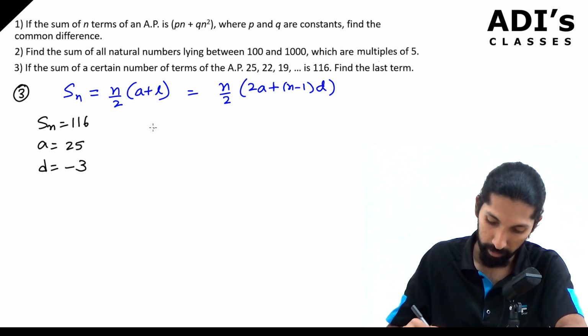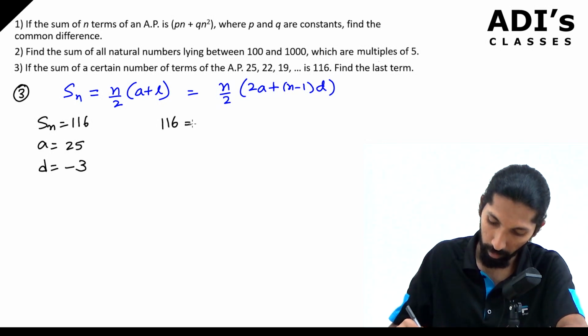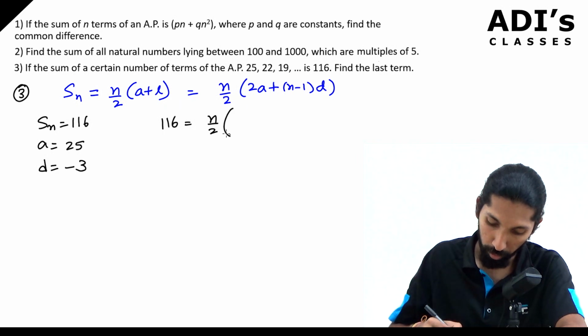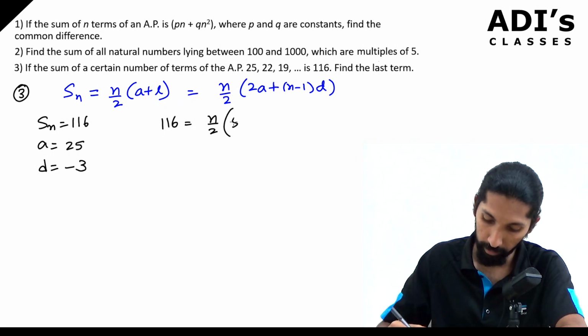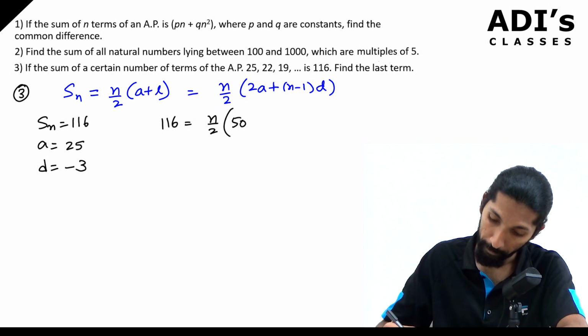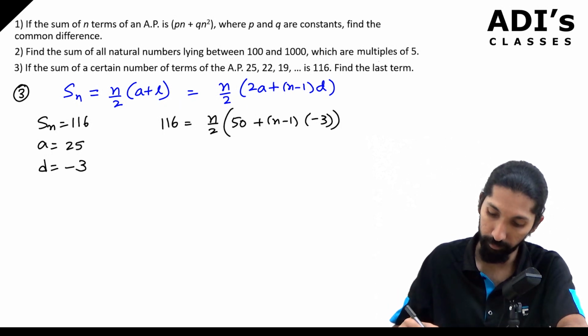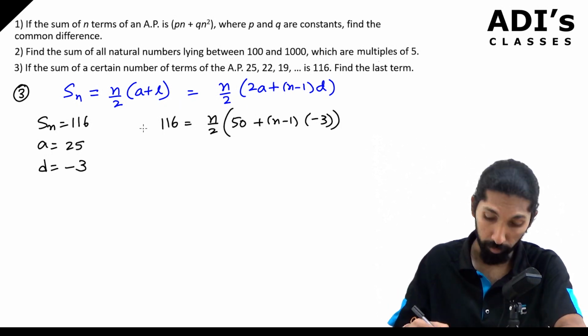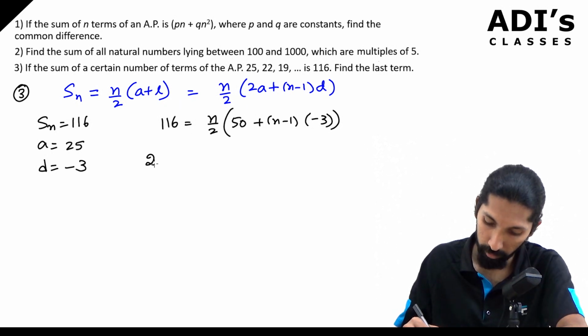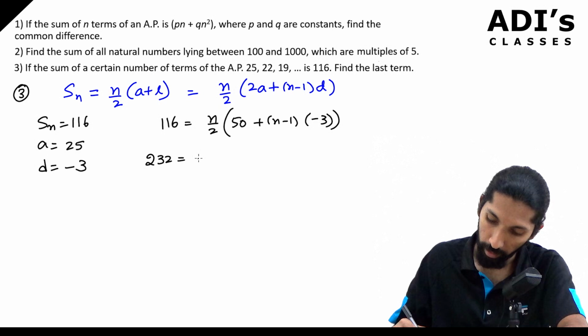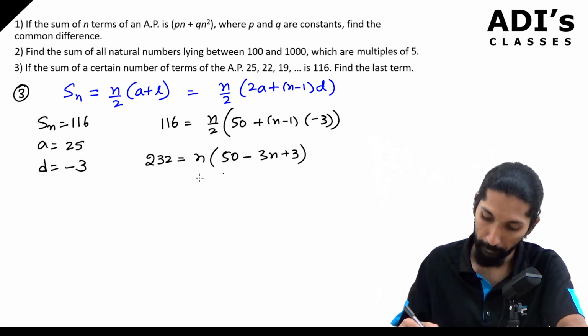Now, let's apply the values. Sn 116. N by 2. 2a, that's 2 into 25, right? 50 plus n minus 1 into minus 3. Multiply by 2. We are going to have 116 into 2 is 232. N into 50 minus 3n plus 3.